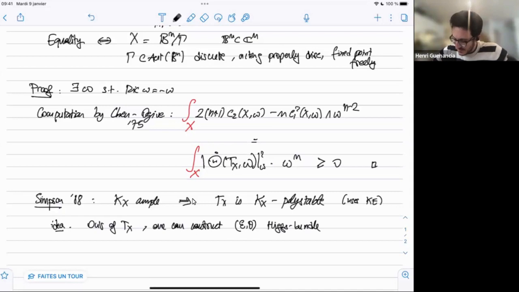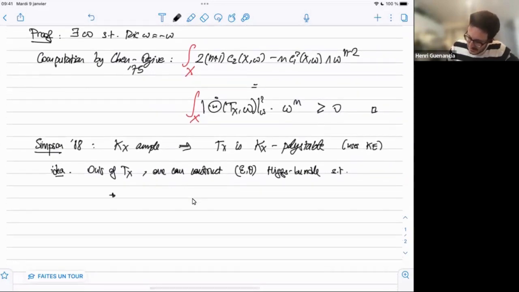E is essentially the endomorphism bundle of the direct sum T_X plus the trivial bundle O_X. That satisfies three properties. The first one is that E is H-stable or polystable as a Higgs bundle. And the second property that's important is that c_2 of E vanishes, as well as c_1 of E, against H. Here H is just K_X.